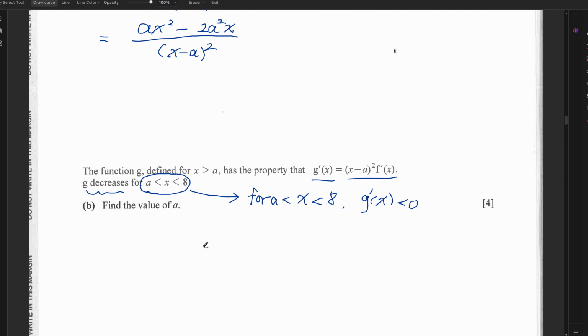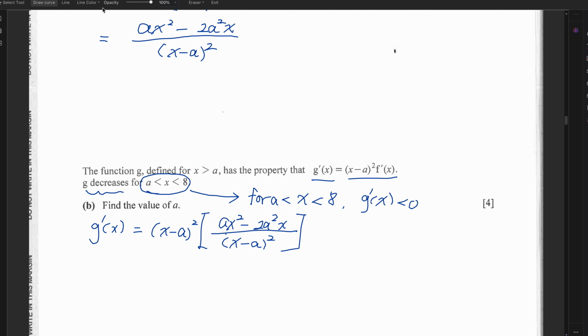Okay, so let's go on. g prime x equals (x minus a) squared multiplied by ax squared minus 2a squared x divided by (x minus a) squared.